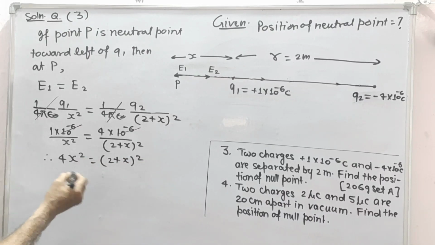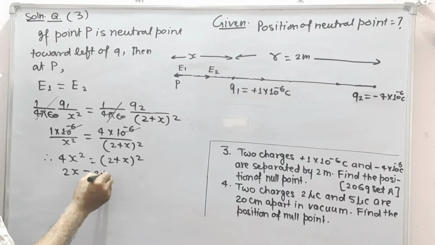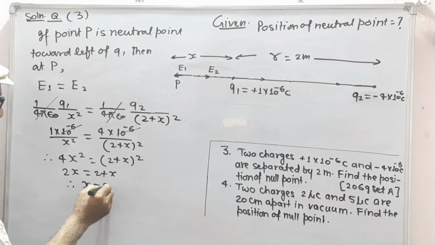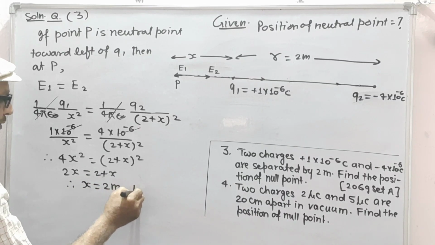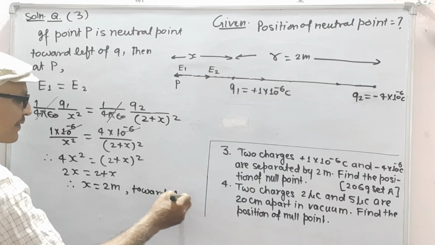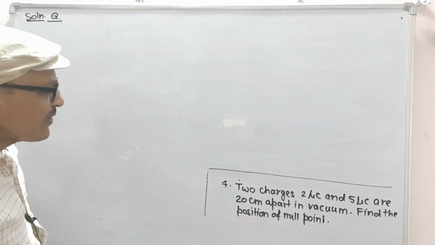Taking square root on both sides, we get 2x is equal to 2 plus x, which gives 2x minus x is equal to 2. That is, x will be 2 meter towards left of Q1.